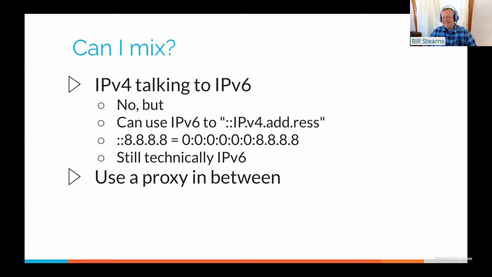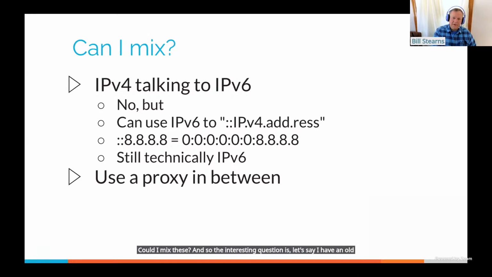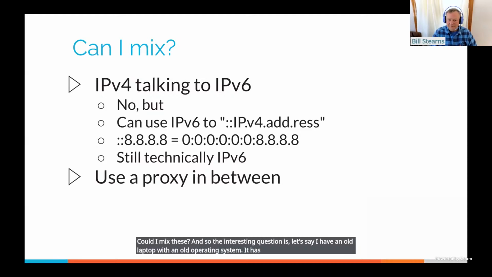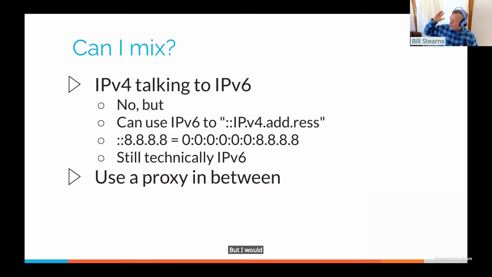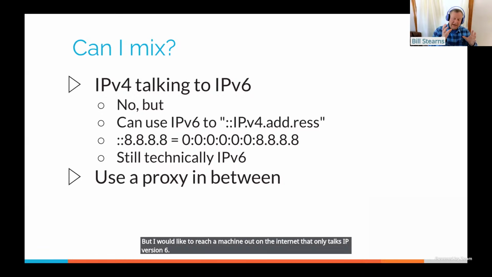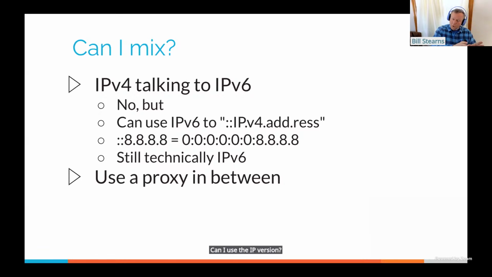Could I mix these? The interesting question is, let's say I have an old laptop with an old operating system and it has no clue what IP version 6 is. But I would like to reach a machine out on the internet that only talks IP version 6. Can I use the IP version 4 address that I have to talk to an IP version 6 machine on the internet by opening up a connection somehow between the two?